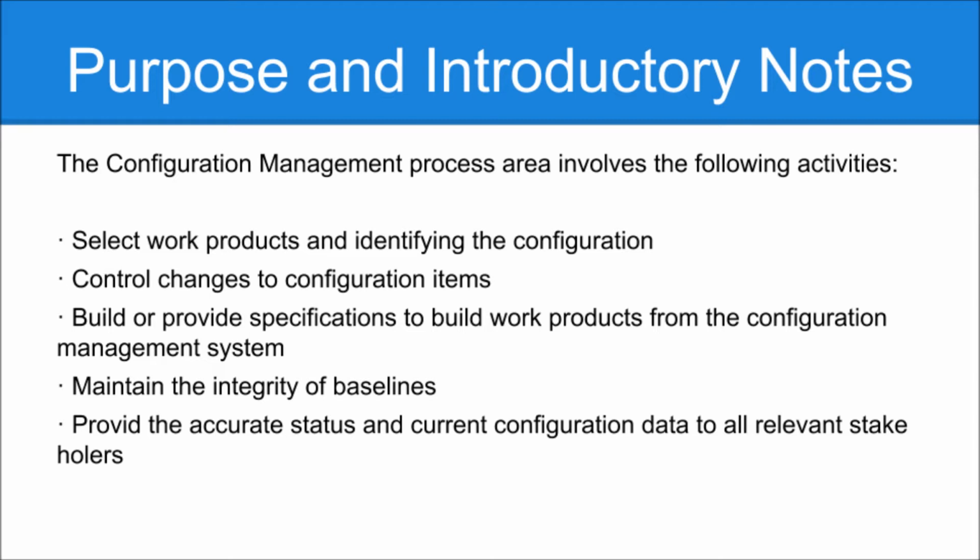Track the change request, then to control configuration items. In the second practice, you control configuration item. ट्रैक एंड कंट्रोल कॉन्फ़िगरेशन चेंजेस में हम ट्रैक क्या करते हैं, कंट्रोल चेंज रिक्वेस्ट ट्रैक करते हैं और कॉन्फ़िगरेशन आइटम्स को कंट्रोल करते हैं.